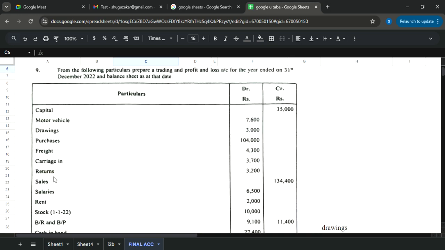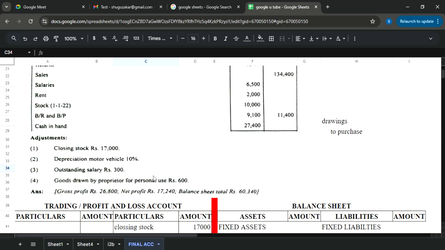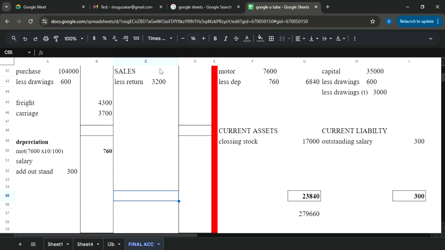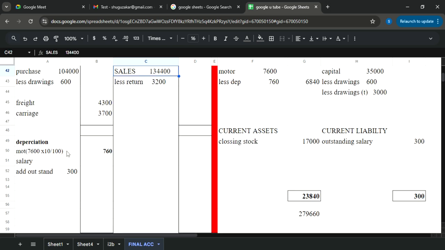After return we have the sales amount, so you will mention over here the amount of sale is 134,400, so you will write the relevant amount, 134,400. This is the amount of sale. Then we have salaries 6500. The place is already fixed for it, 6500.